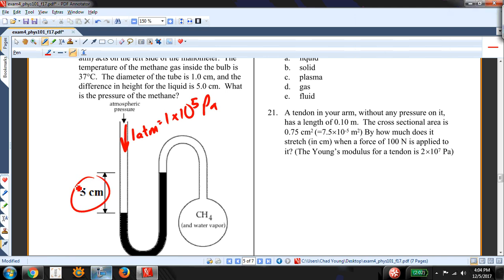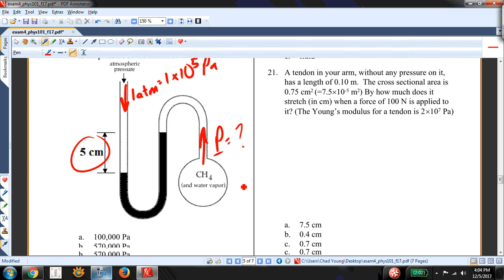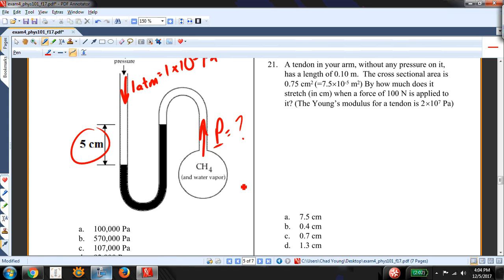So let's see, we have this manometer and it has 1 atmosphere and the height here is 5 centimeters. I want to know the pressure that is right here. What is that pressure? Well, first of all, I know this pressure is less than 1 atmosphere, because of the relative heights of the liquids. If it was more than 1 atmosphere, it would be pushing this level down below the height of the left-hand side.